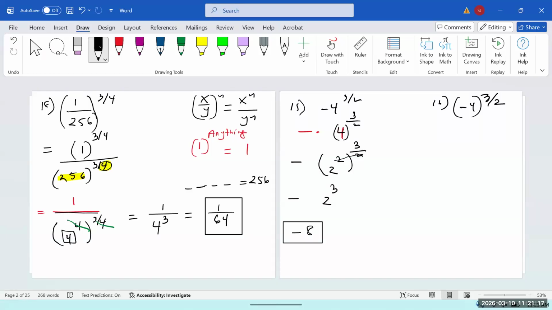On the other hand, for this scenario, what is our base? -4. And our power, the denominator, is even. So can you multiply the same thing twice and the answer will be -4? So what's the answer? Undefined or DNE.